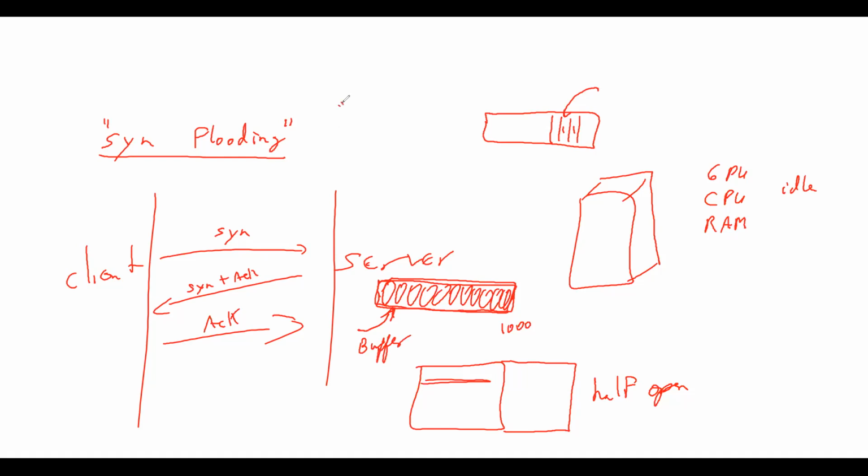If you get other connections from other places, there's no more room because it's still waiting for the ones that came first, right? In theory, first come, first serve, first in, first out, so FIFO. It's waiting for those packets, and that's why it's called a SYN flooding attack.